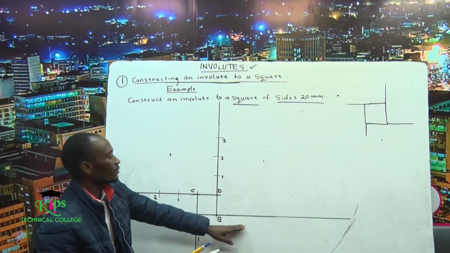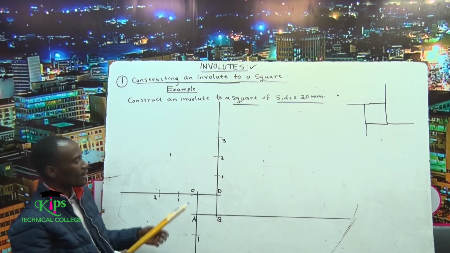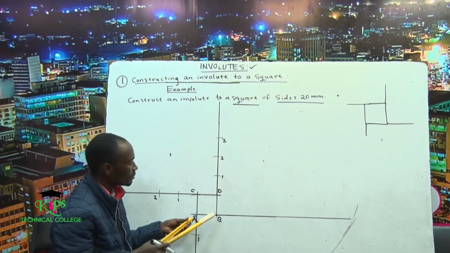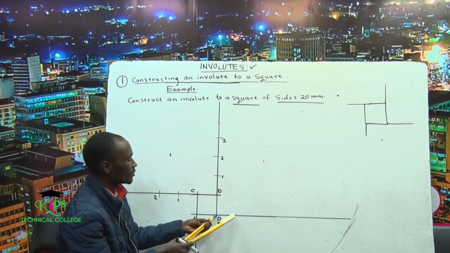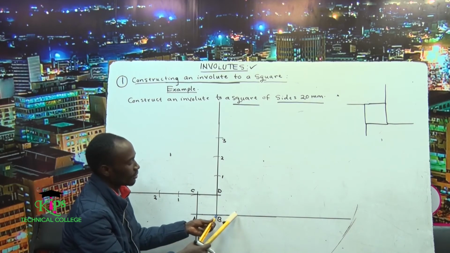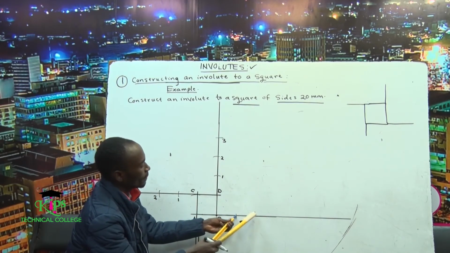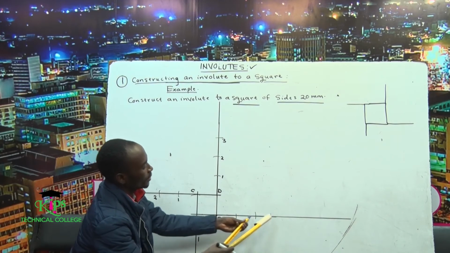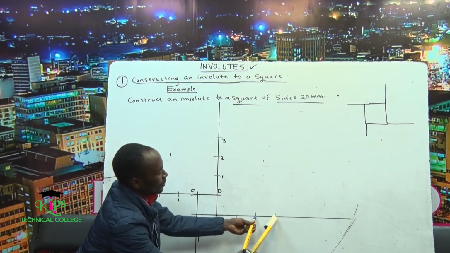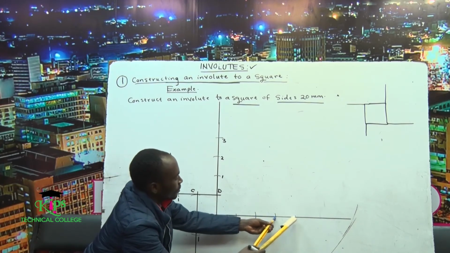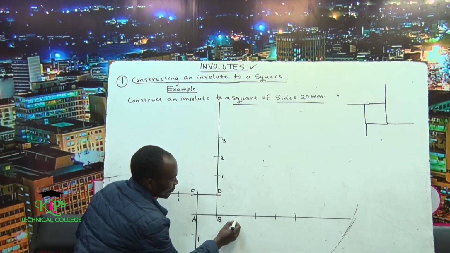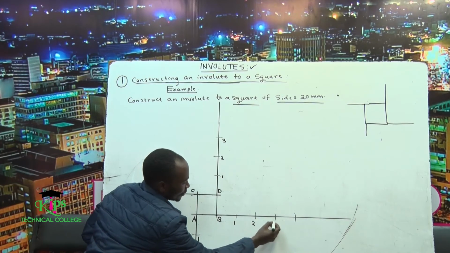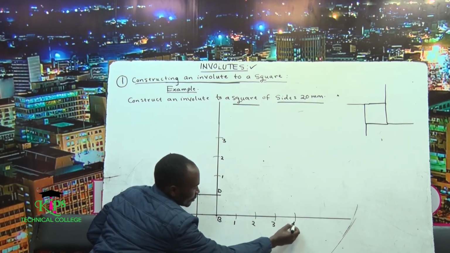Now, at this particular line, I will put 4 marks. So this will be the first one using the same measurements of 20 millimeters. So I will step at B. So we have 1, 2, 3, 4.